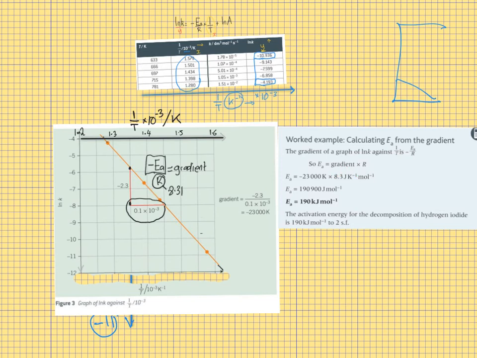The gradient was minus 23,000 Kelvin times by your gas constant, which is 8.3 joules per Kelvin per mole. So notice that Kelvin cancels out, and therefore the activation energy comes out as joules per mole. We divide this by 1000, the activation energy for this particular reaction is plus 190 kilojoules per mole, and that is to two significant figures.